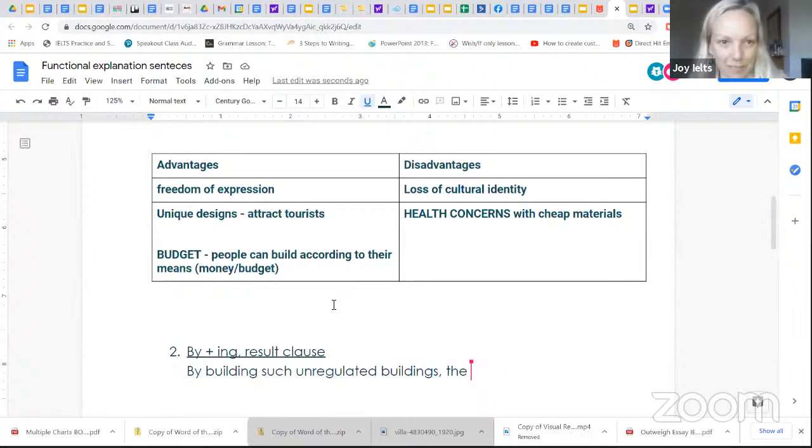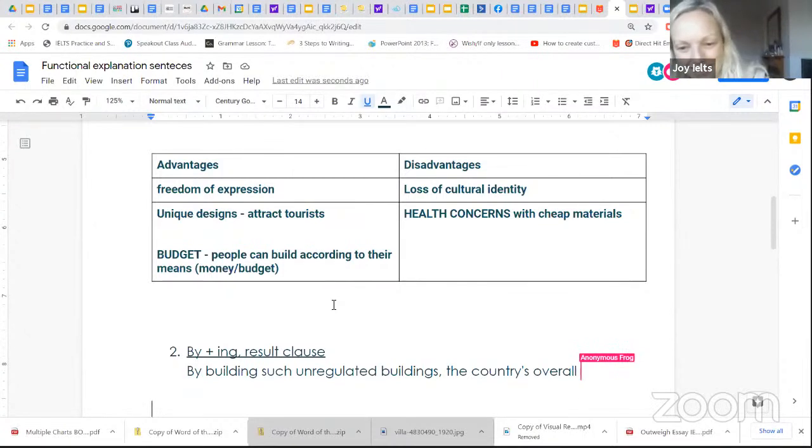I don't know who's writing, but it's always fun to watch. The country. Yes, good, good, good. The country's overall, very nice.